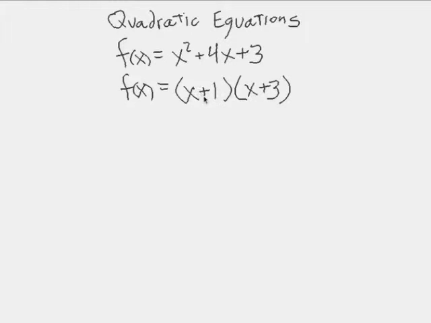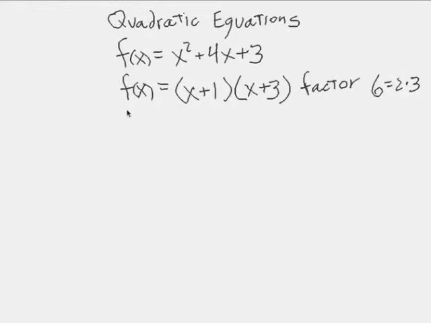Now, if I multiply these two out, I come back to x squared plus 4x plus 3. So these are factors. Just like, for example, 6 is equal to 2 times 3, x squared plus 4x plus 3 is equal to x plus 1 times x plus 3.